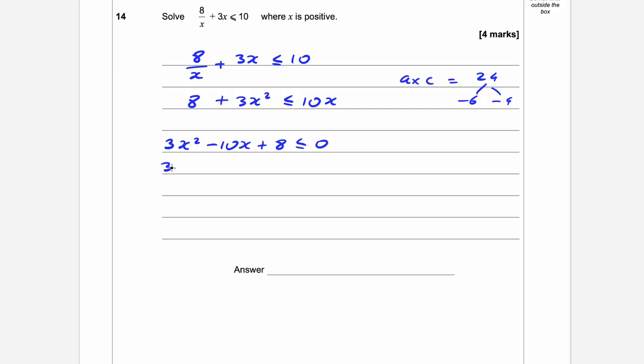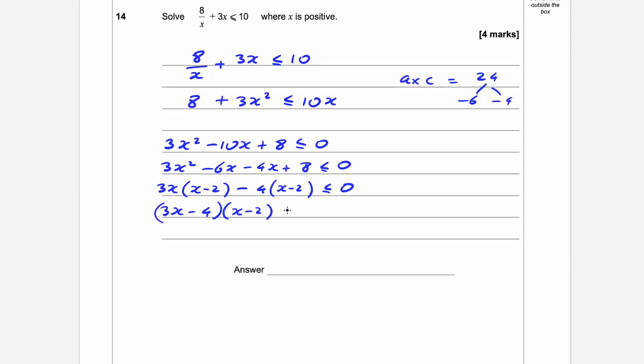So this is 3x squared minus 6x minus 4x plus 8 less than or equal to 0. 3x into x minus 2 minus 4 into x minus 2. 3x minus 4, x minus 2 less than or equal to 0.